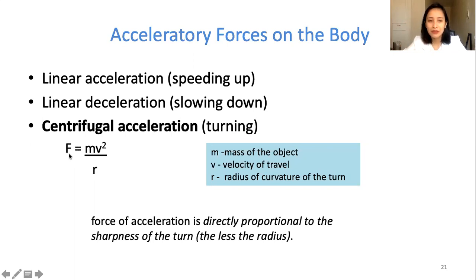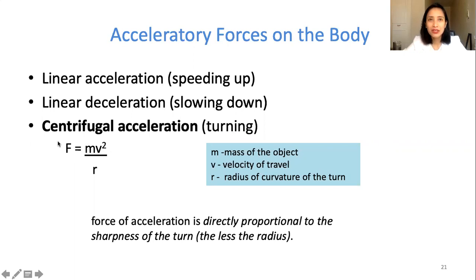And the degree or the rate of the force is directly proportional to the mass of the object, if it's a person, your weight, and then the velocity of the travel, how fast you're going, and the acceleratory force is indirectly proportional to the radius of the curvature of the turn.